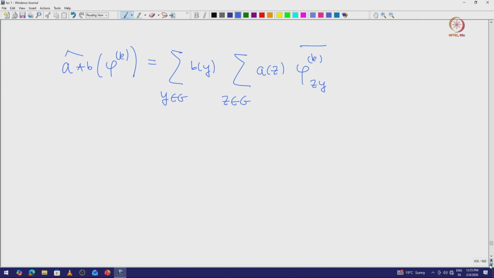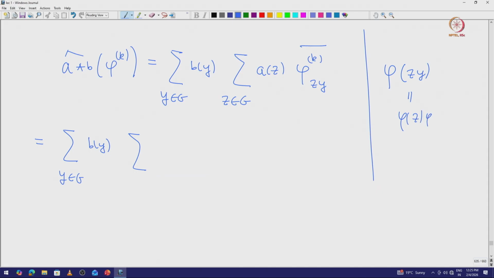Now again if you rewrite, this is going to be summation y in G B of y summation. We just use the definition of phi. Note that phi is a representation, so phi of z y is going to be phi z phi y.